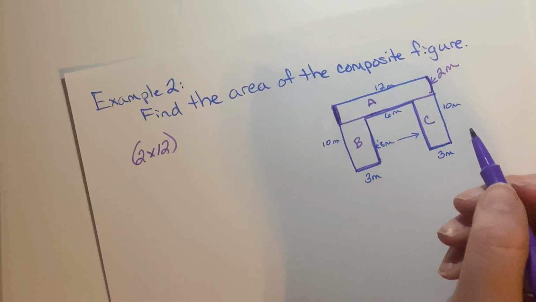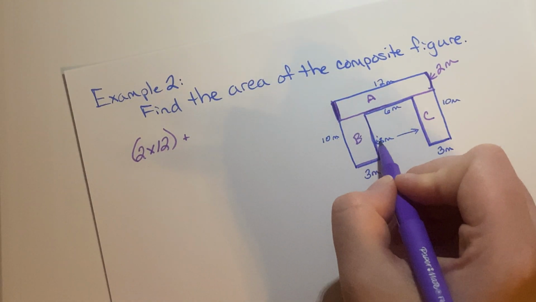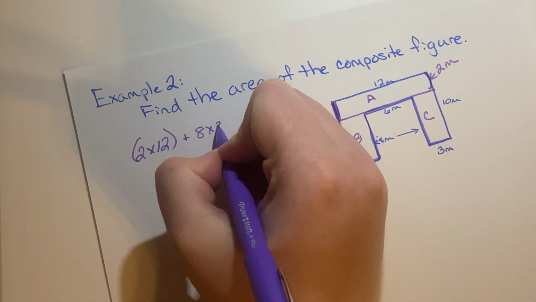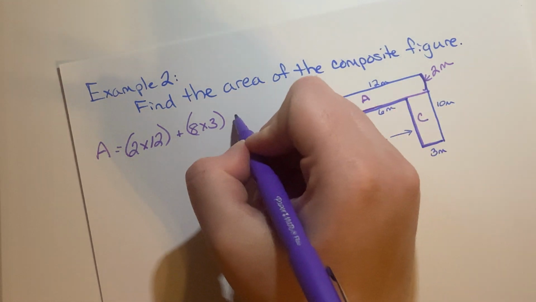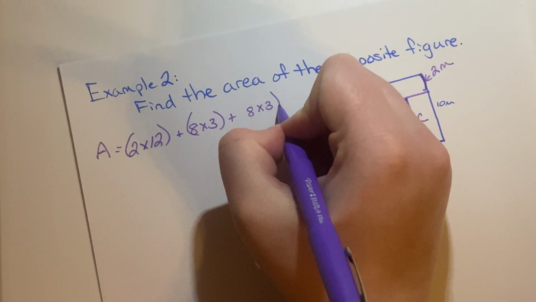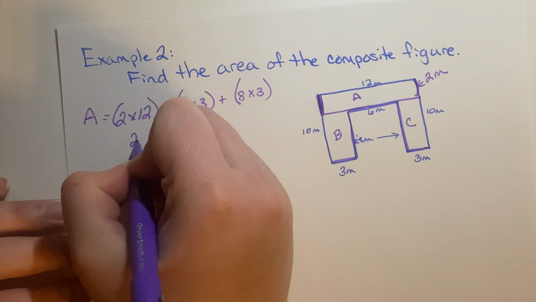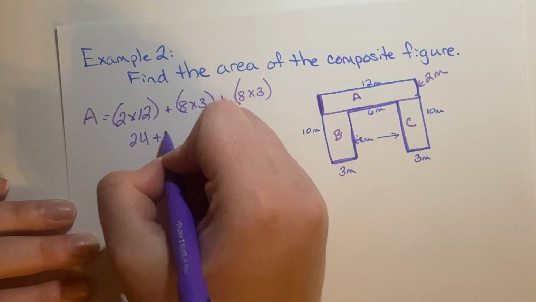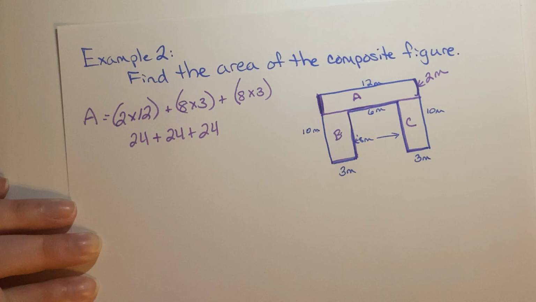So this is what's left. Then we had B, so we've got to add B to it. We had 8 times 3. Remember, this is all the big area. And then we have C, which is 8 times 3 again. Okay, so 2 times 12 is 24, plus 8 times 3, which is 24, plus 8 times 3, which is 24 again.